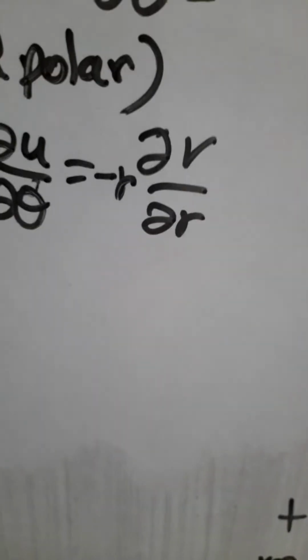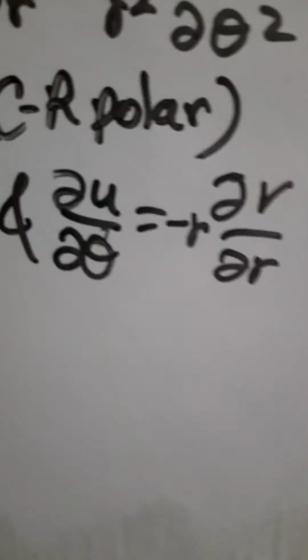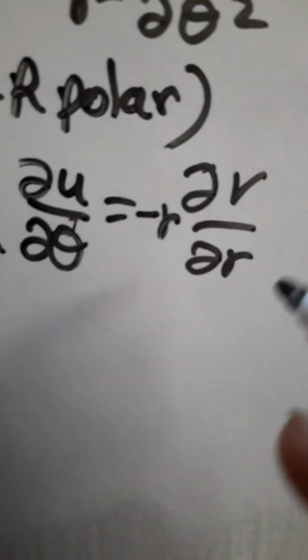Multiplying r and 1 by r are opposites, so the negative sign and r balance the opposite thing we did in exchanging the derivatives. These were the three things we have to do.